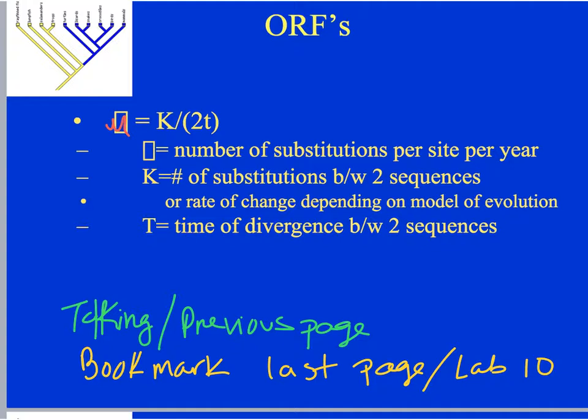Okay, so I'm going to give you a hint. In the lab, you're going to take a distance matrix. Those distance matrices are based off of looking at K values, right? So the distance matrices could be generated using Jukes-Cantor or Tamura-Nei or something like that. So I'm going to walk you through that in the lab.